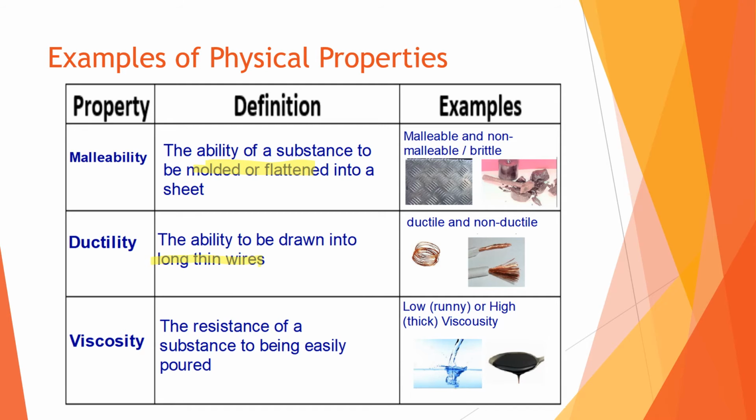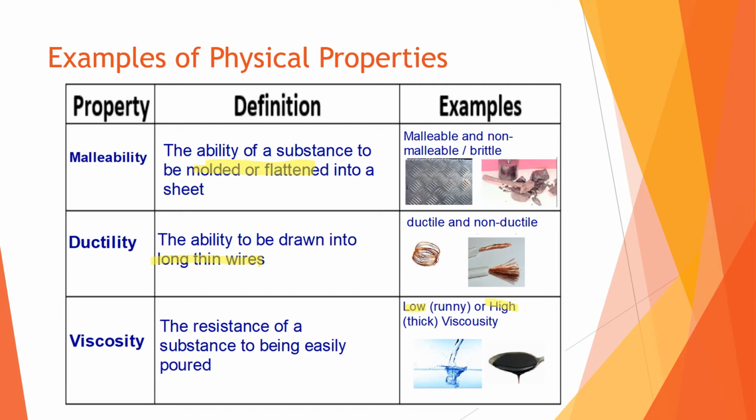Now we have viscosity. This is the resistance of a substance to being easily poured. So we have some examples over here. We're either going to describe using low or high viscosity. So if something has a low viscosity, it's going to be runny because it has less of a resistance to being poured.